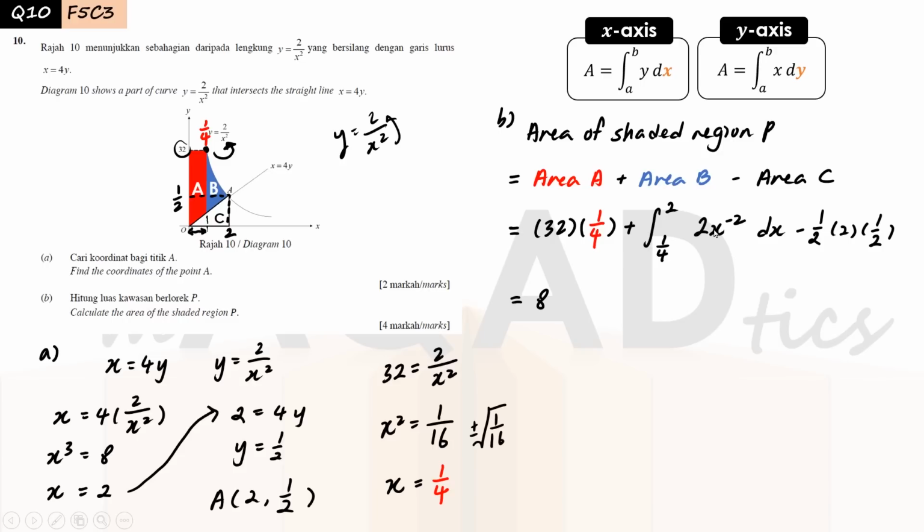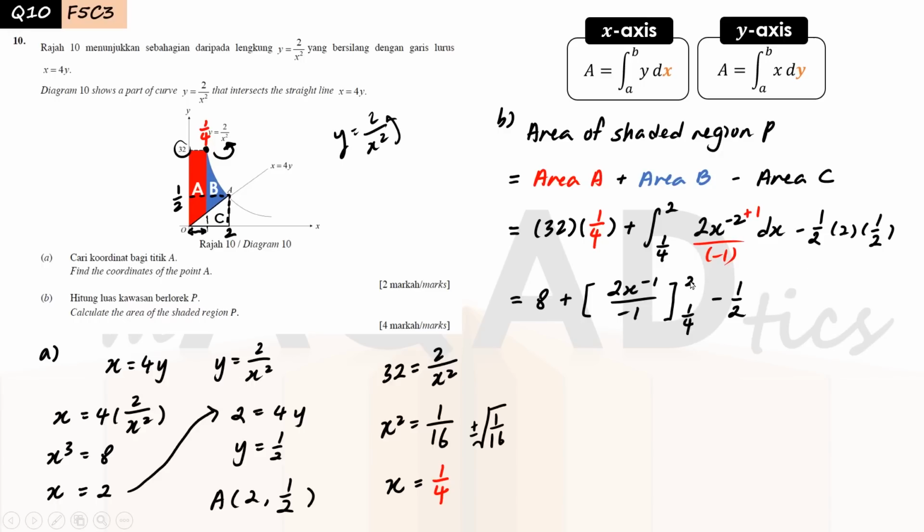Alright, so for the integration part, we're just going to use the normal integration way. For the power, I add 1 and divide by the new power. So negative 2 plus 1 is minus 1. It will be something like this, and the range I'm going to put at the end of the bracket.